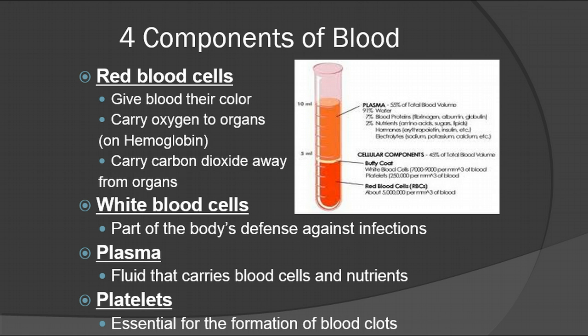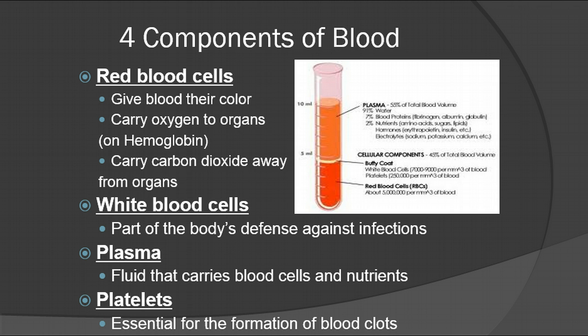As far as the blood cells, the red blood cells are what make things happen in the body. They carry the oxygen to the organs and to the muscles, and make things work the way that they need to in order for the body to do what it's supposed to. They also carry carbon dioxide away from organs, and they also do a lot of other things that are important for the body.